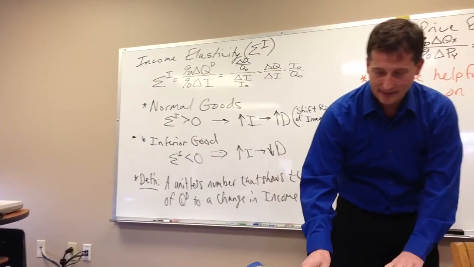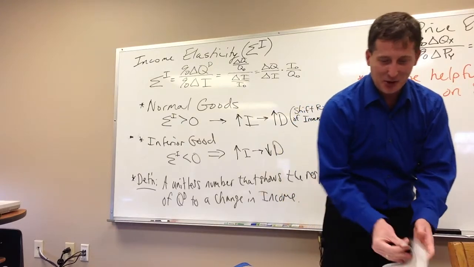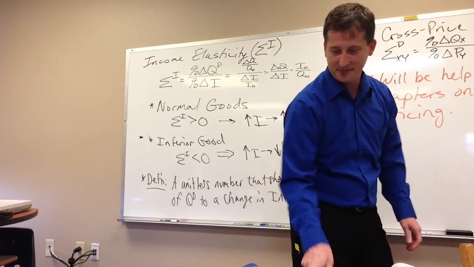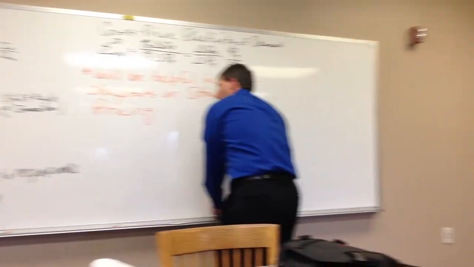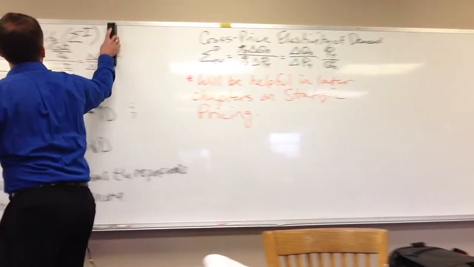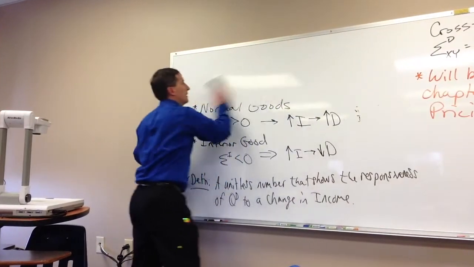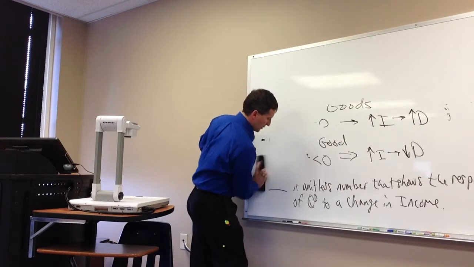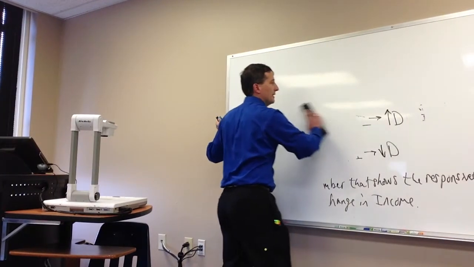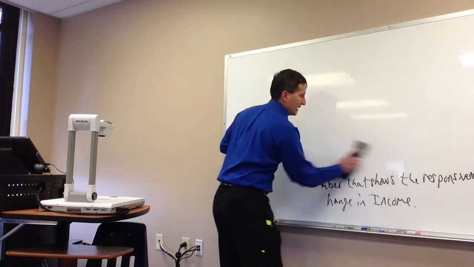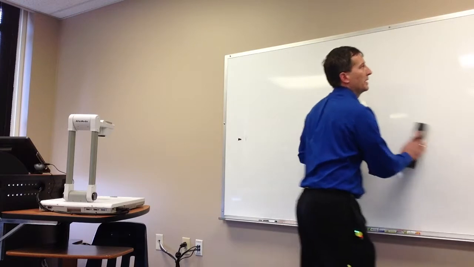Okay, chapter 3, moving right along. We're getting into welfare analysis, consumer and producer surplus. This chapter will give you some repetition if you're still a little foggy on how we work with equations of supply and demand.